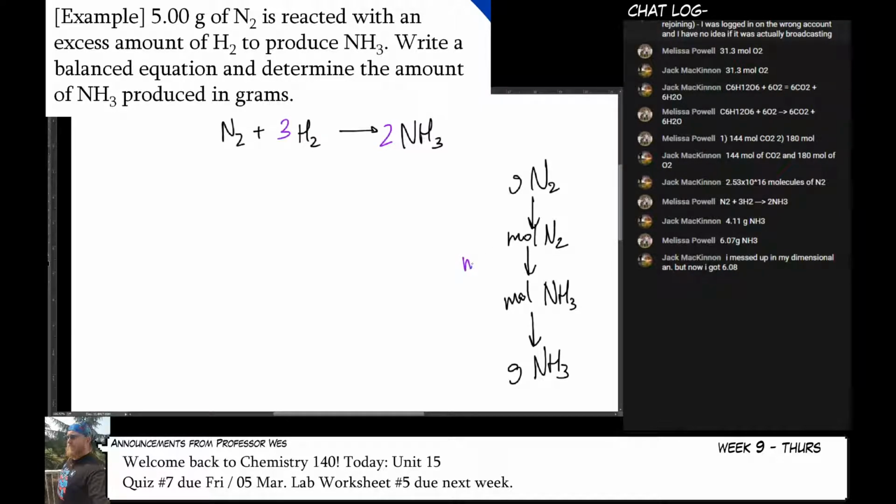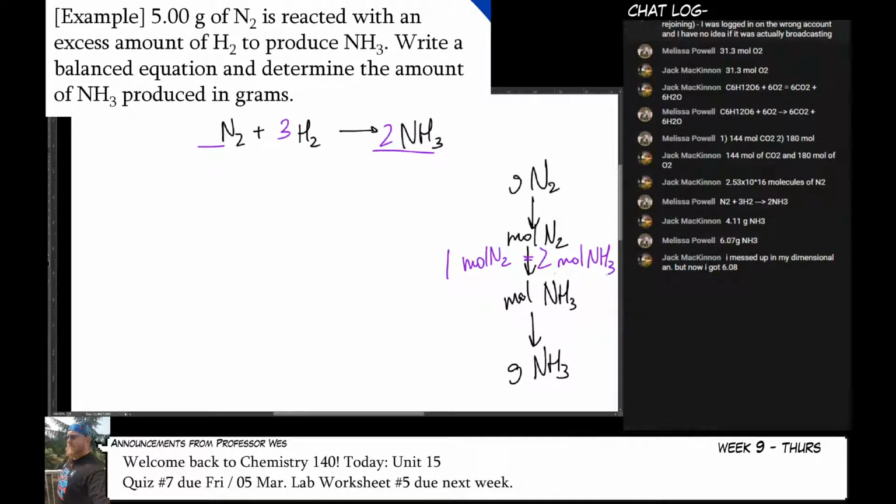The ratio for moles of N2 to moles of NH3 is 2 NH3 to 1 N2. So 1 N2, 2 NH3.